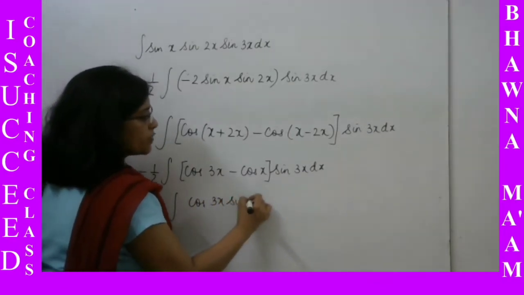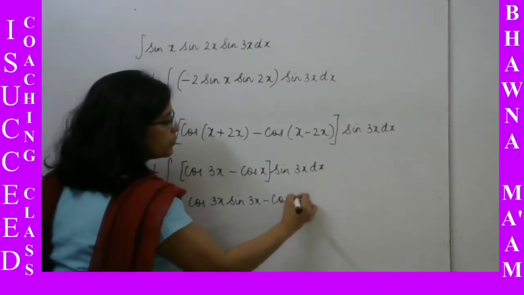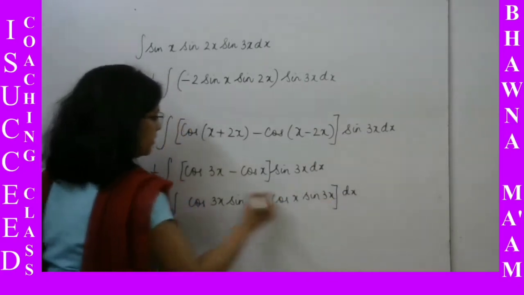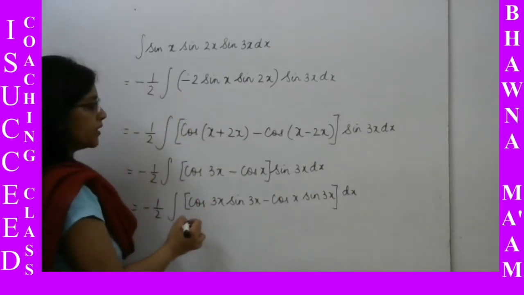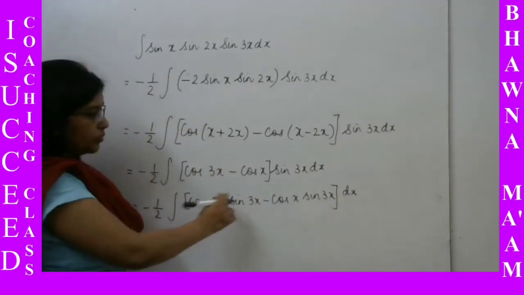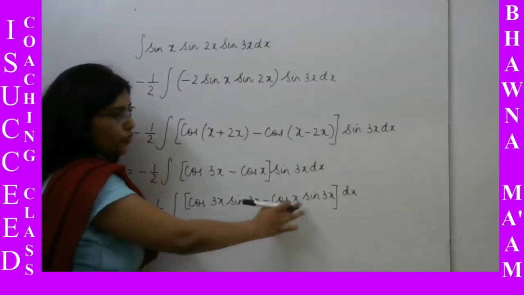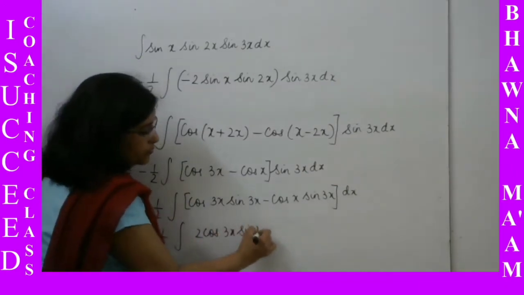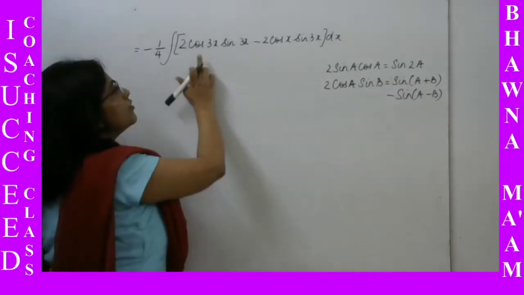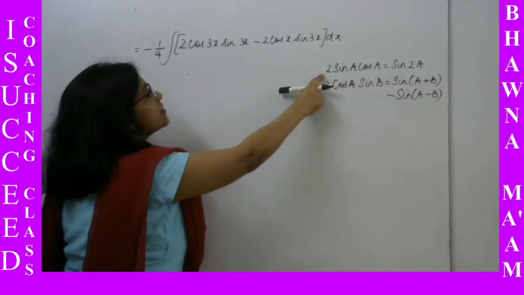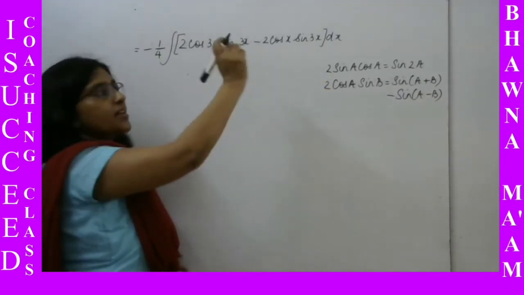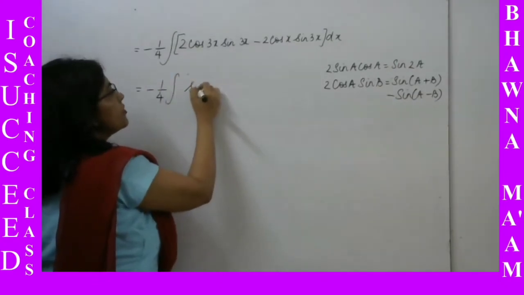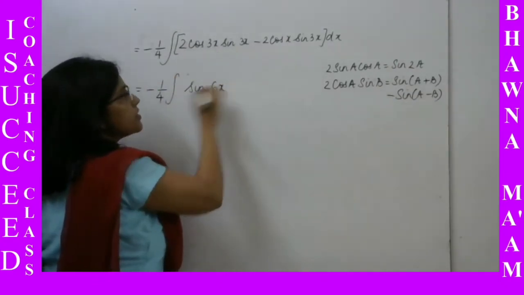So the next step basically is just to multiply both the terms with sin 3x, and once we have done that, we again know that we should be applying the formula 2 cos A sin B for both of them. Again, we need to multiply and divide by 2. For the first one, because the angle is the same, I'm going to apply this formula which is sin 2A. So that is going to be sine of 2 into 3 is 6x.